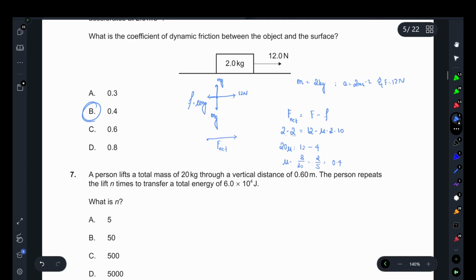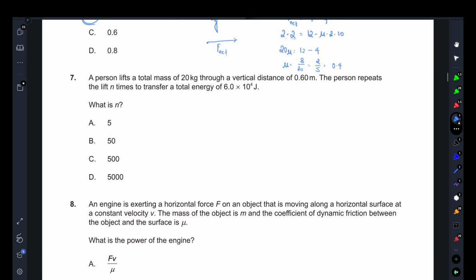Moving on to question number 7. A person lifts a total mass of 20 kg through this distance, and it's performed n times to transfer this total energy. Now, one thing you will have to know in physics paper 1, you need to know pretty much every formula in the data booklet by heart.